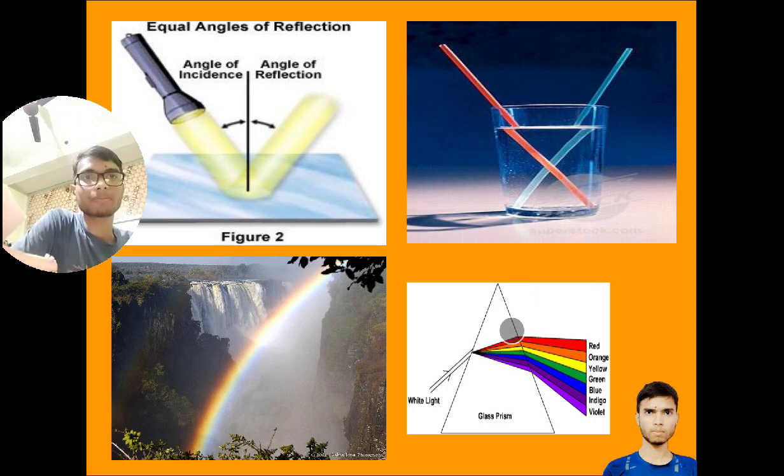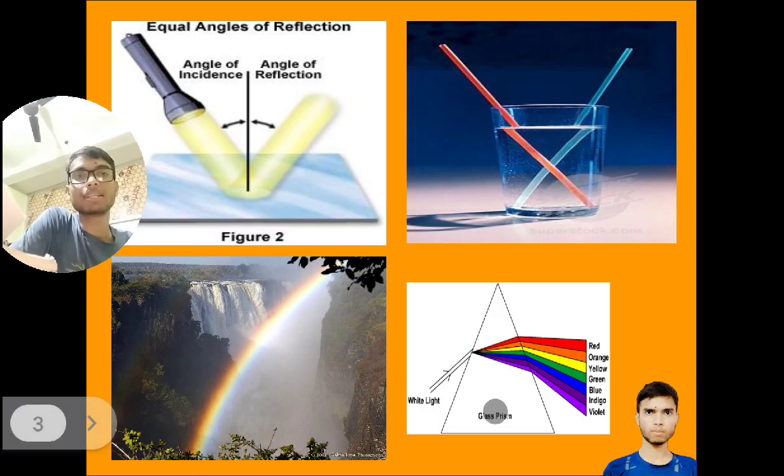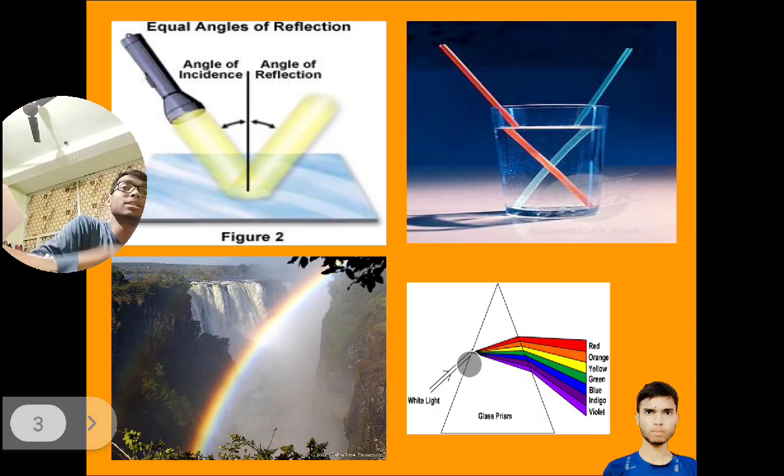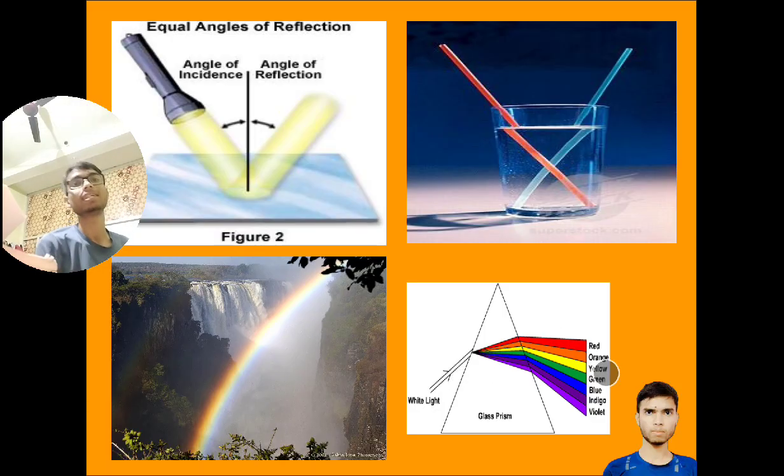Now here this triangle is being considered as a transparent object, and here this is a white light. This white light is falling on the surface of this object, and this object splits this white light into 7 colors, which are mentioned over here.